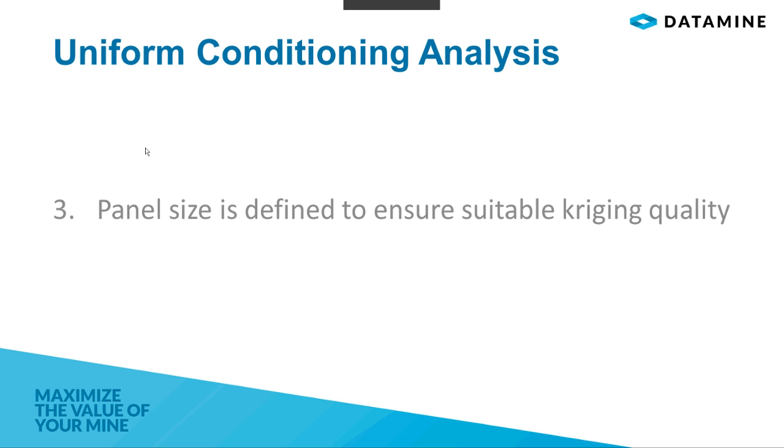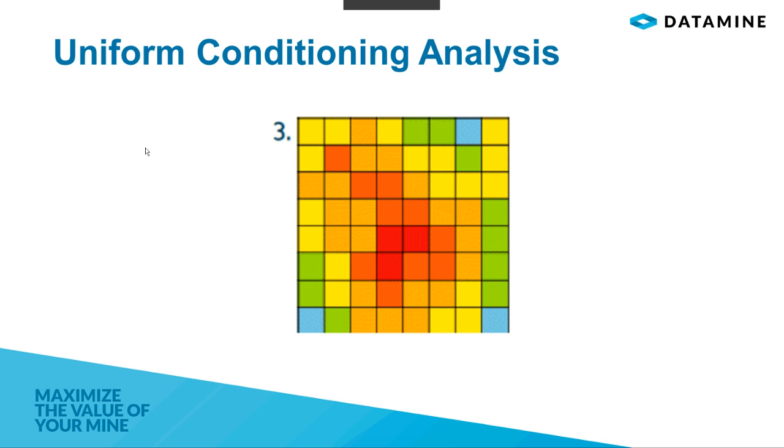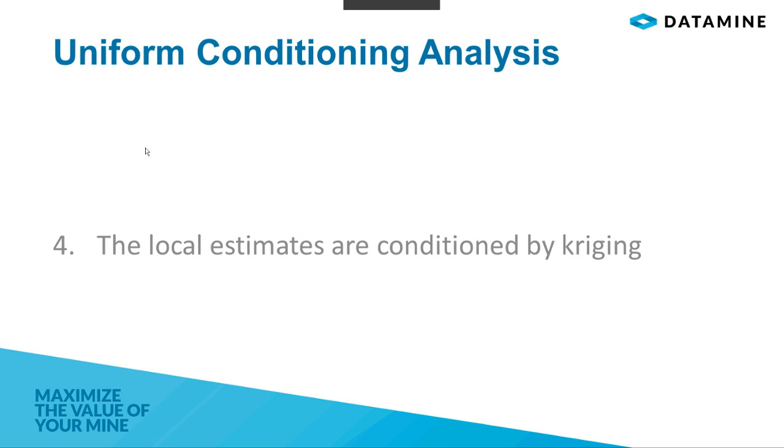The panel size is obviously chosen to ensure suitable kriging quality. And then the grade makes the panel the smooth outcome of grade. The local estimates are then conditioned by kriging.